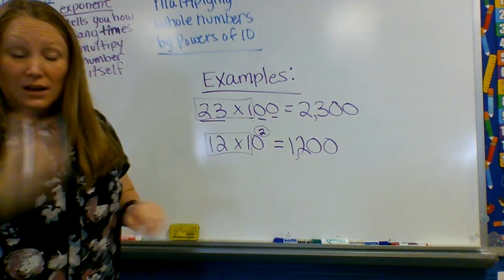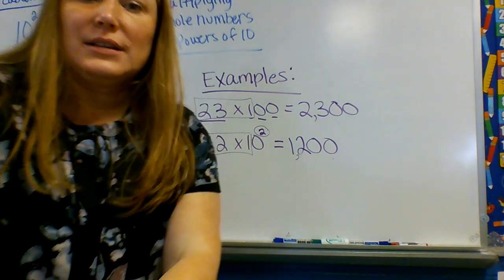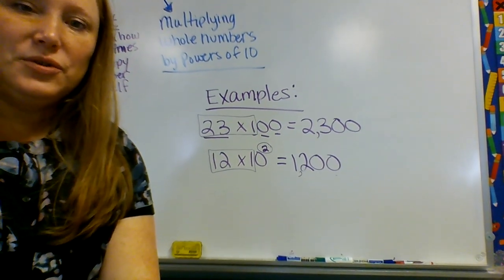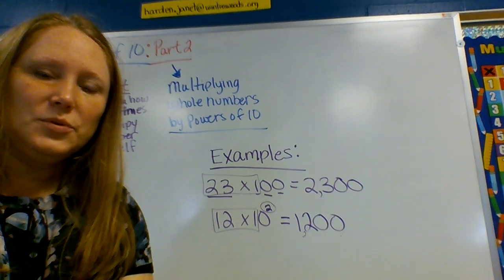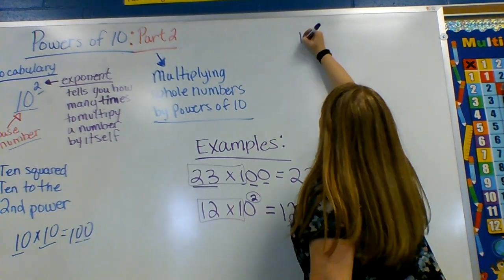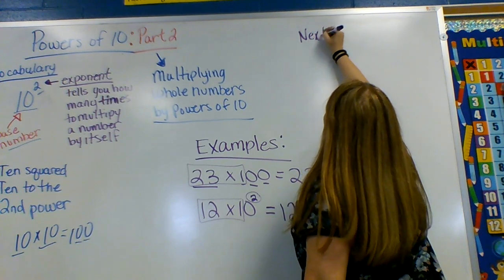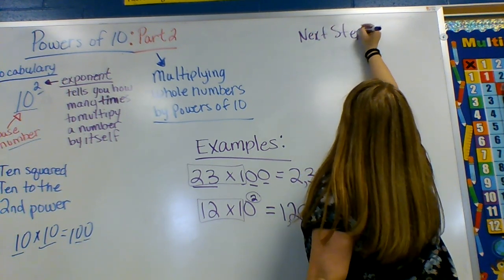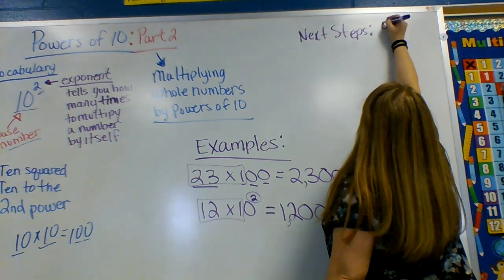Okay? So here are going to be your next step problems. So make sure those examples are written down. Those will help you. Okay? So here are your next steps problems. These are on your own.